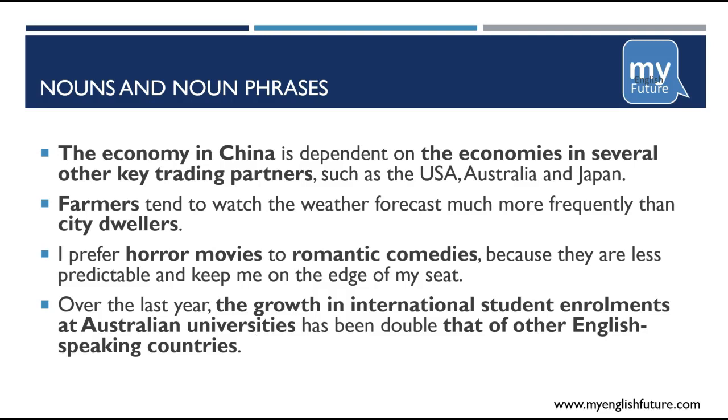So we don't want to repeat. It's too boring for the listener or the reader. So what do we do? We can just use the word that, but only if we are comparing to a noun, the word growth.